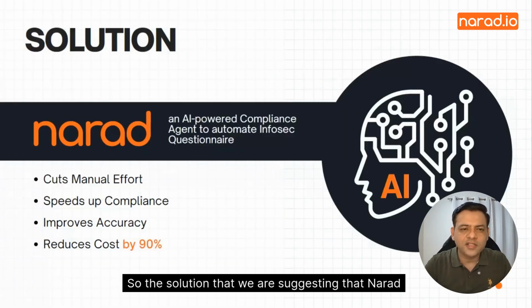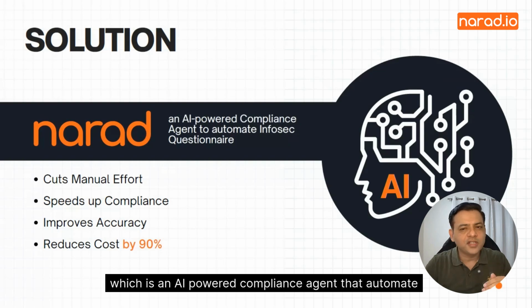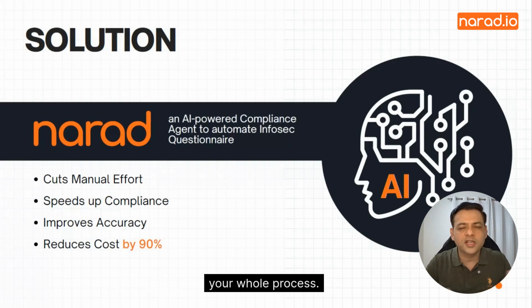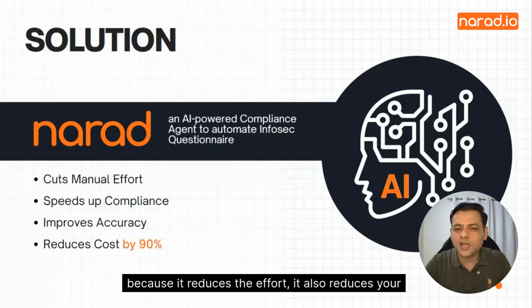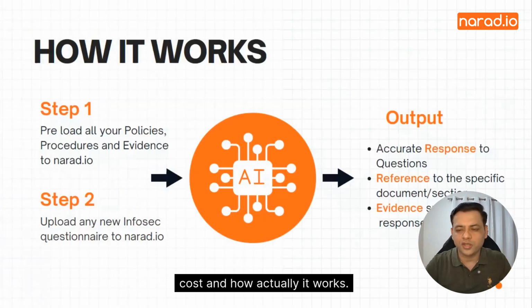So the solution that we are suggesting is Narad, an AI-powered compliance agent that automates your whole process. It takes away the manual effort, speeds up your compliance, improves the accuracy, and because it reduces the effort, it also reduces your cost.